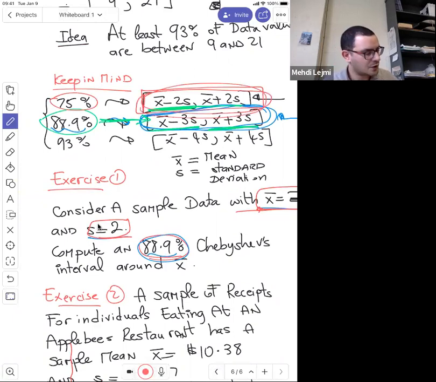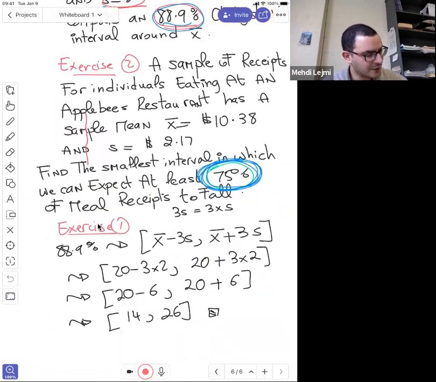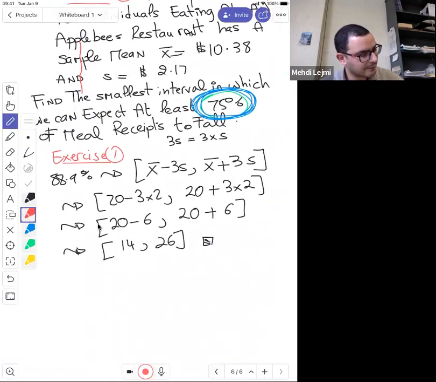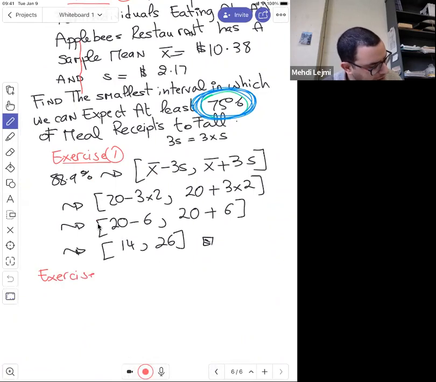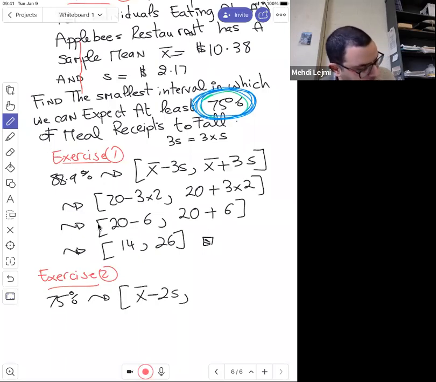So for exercise 2, the percentage is 75%, and the corresponding interval would be x bar minus 2s, x bar plus 2s.